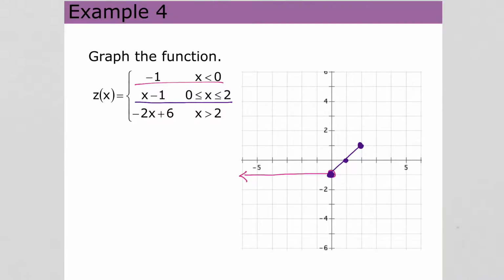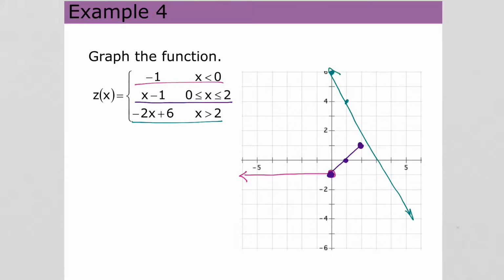And last, we're going to graph y equals negative 2x plus 6. It's got a y-intercept of 6 and a slope of down 2 over 1. Gotta turn it so I can graph better.